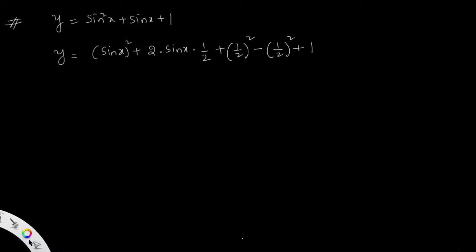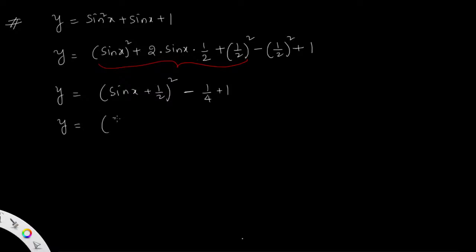Up to this value it is in a plus b whole square form, which is sin x plus 1 by 2 whole square, with the remaining minus 1 by 4 plus 1. So y equal to sin x plus 1 by 2 whole square plus 3 by 4. Okay.